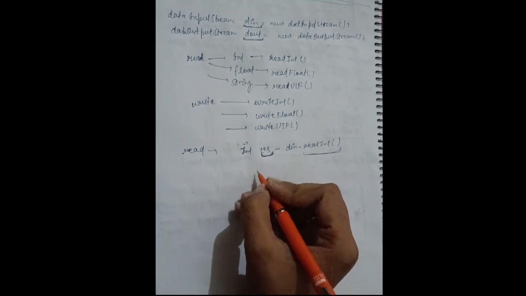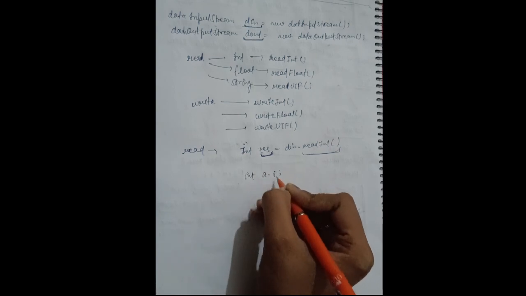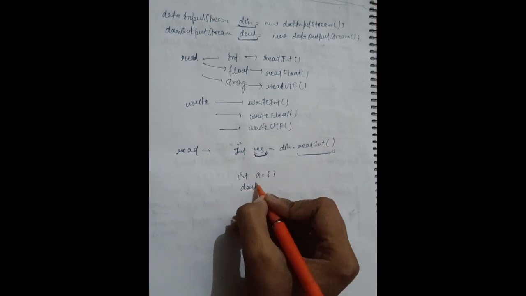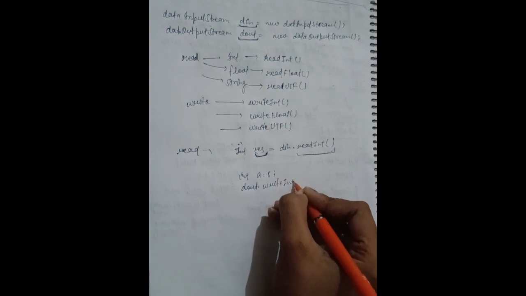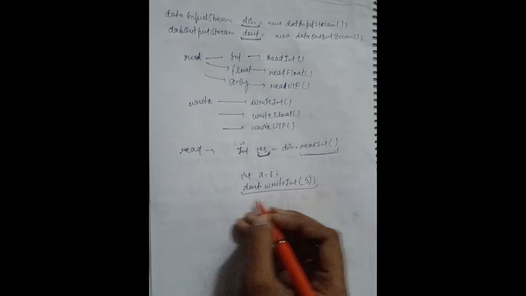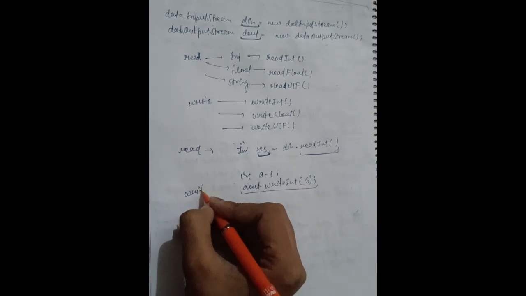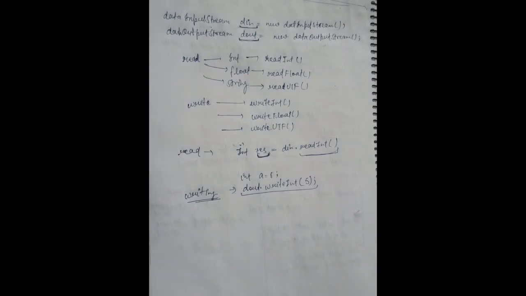For writing, say we have 5 and we want to send it; this is the writing. So this is all about the TCP protocol, and next is UDP.